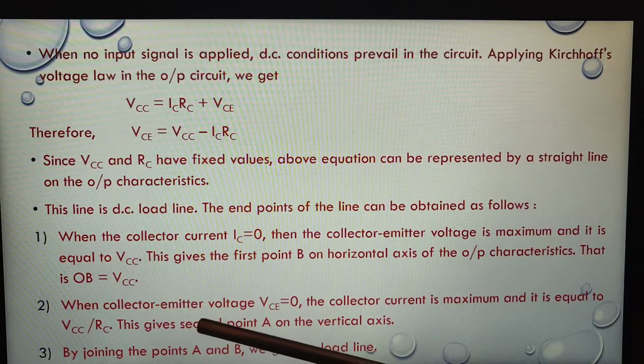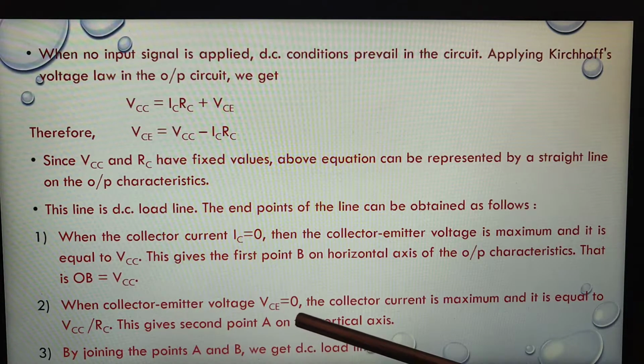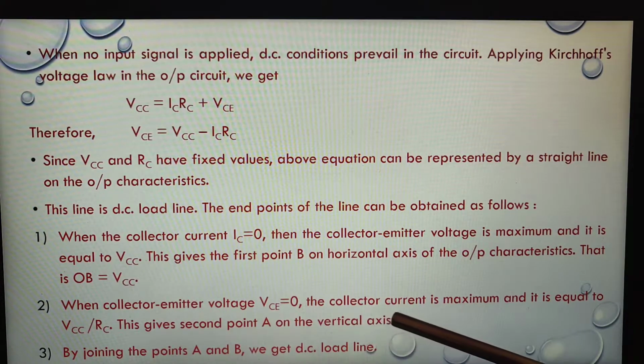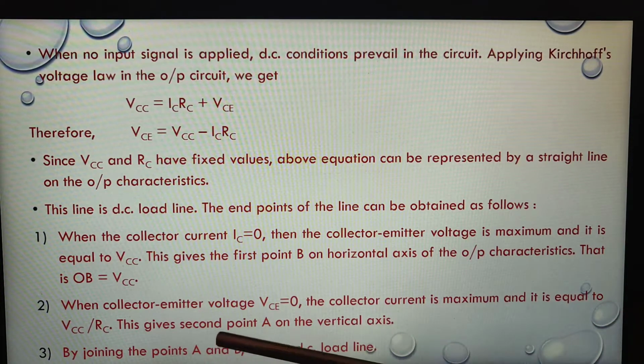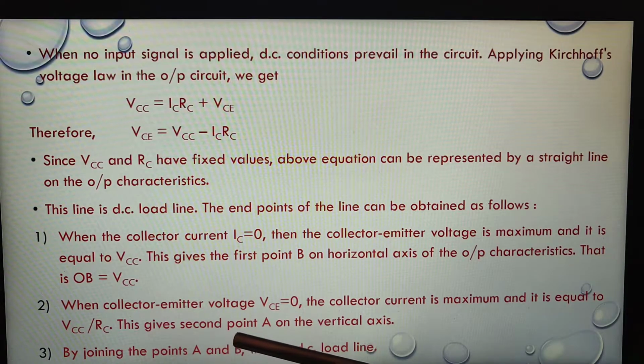Second, when collector emitter voltage VCE equal to 0, the collector current is maximum and it is equal to VCC upon RC. This gives second point A on the vertical axis.